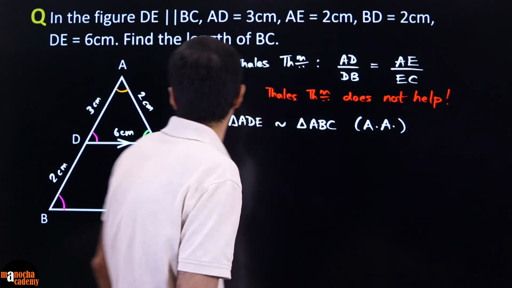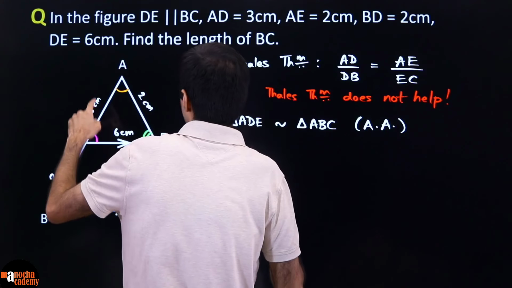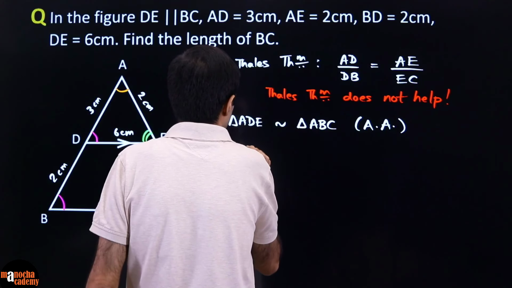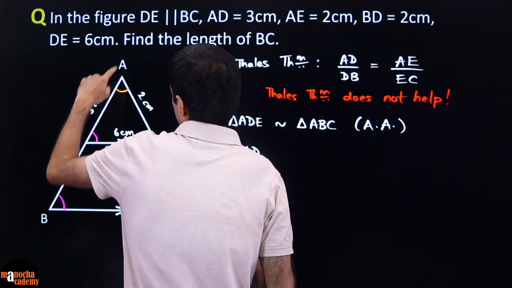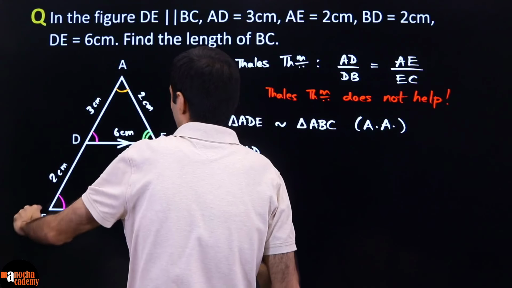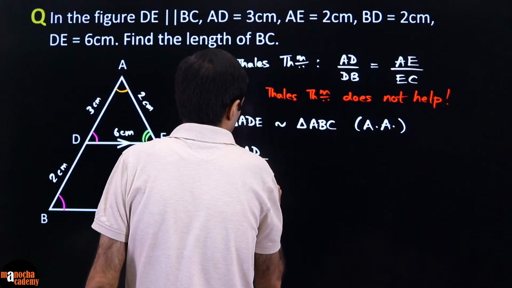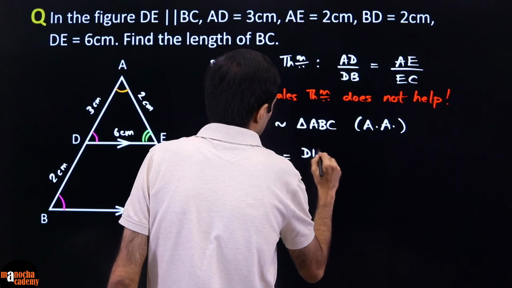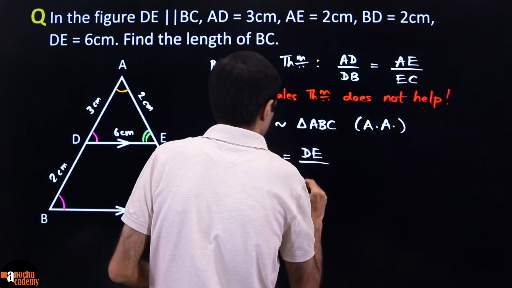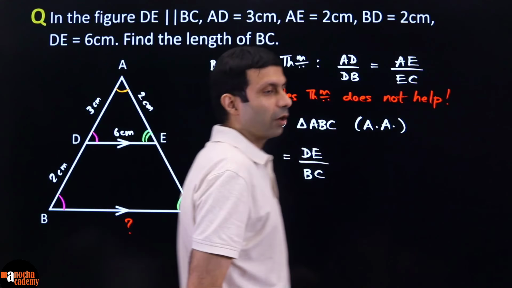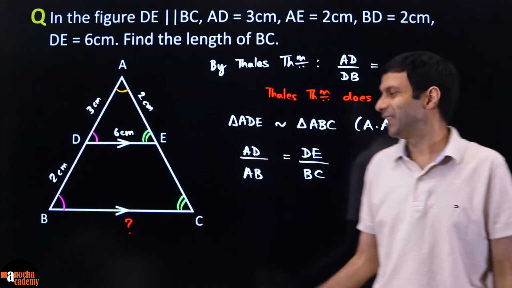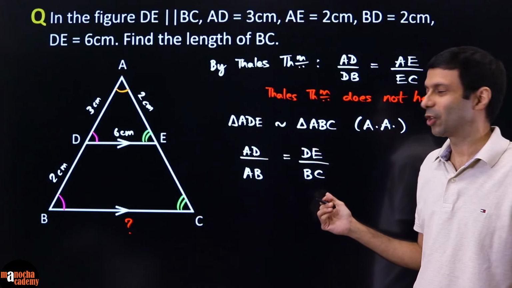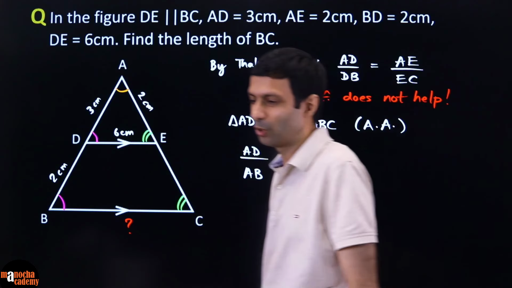So since they are similar, AD by AB is equal to DE divided by BC. Corresponding sides of similar triangles are in the same ratio.